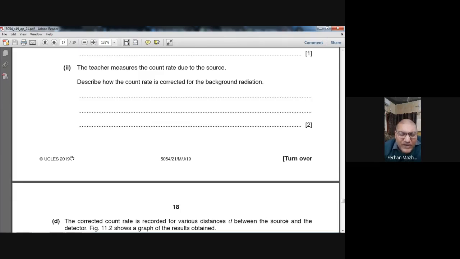From 350 minus 20, 330 will be the reading of purely the radiation which is coming out of the sample. Do you understand what I am saying? What did I tell?